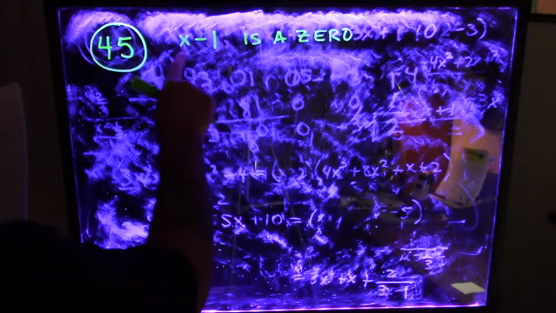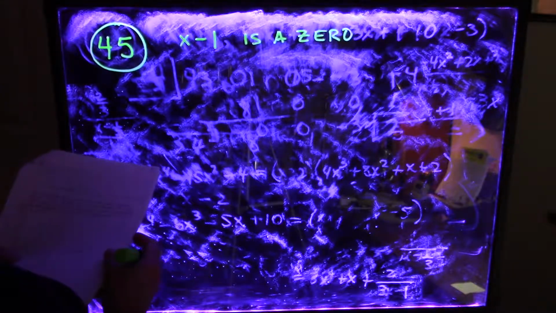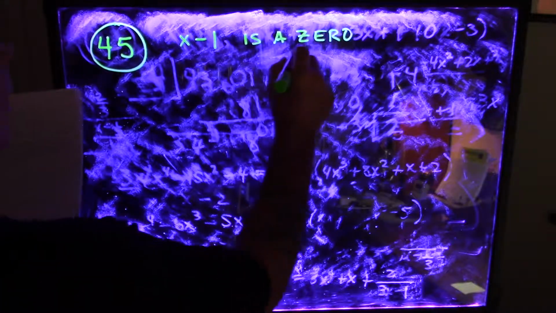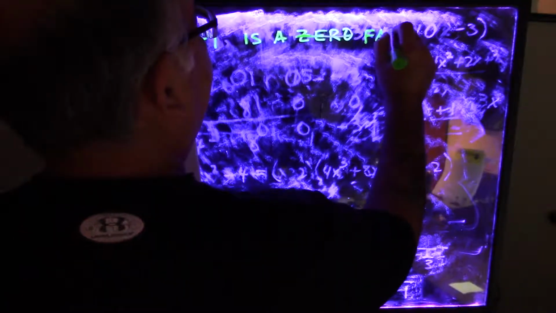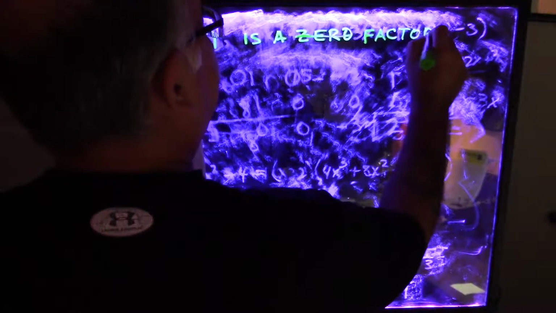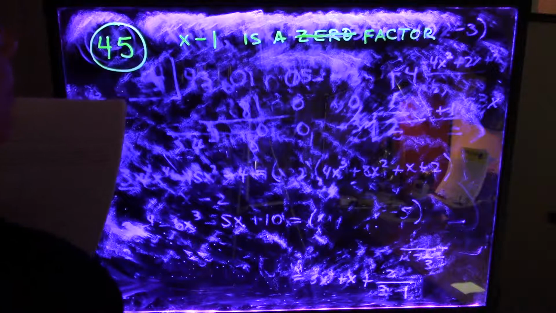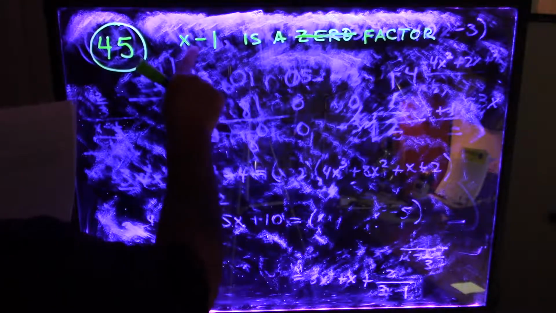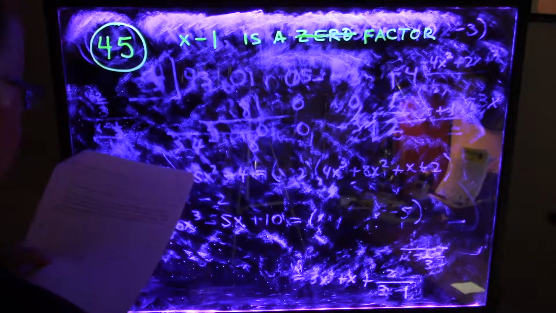So that means this is a factor. Rather, instead of 0, I'll say factor. X equals 1 is a 0. That's what I should have written, but I mentioned that already. X equals 1 is a 0, so that means x minus 1 is a factor. Okay?